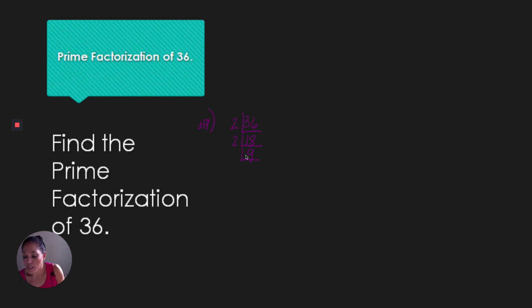So 2 can't go into 9, but 3 can go into 9. 3 goes into 9 3 times. So I have 2 times 2 times 3 times 3, and my final answer would be 2 squared times 3 squared, and box it.